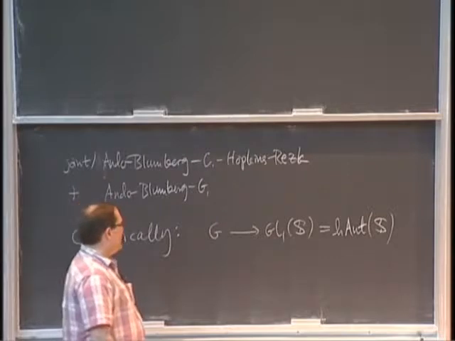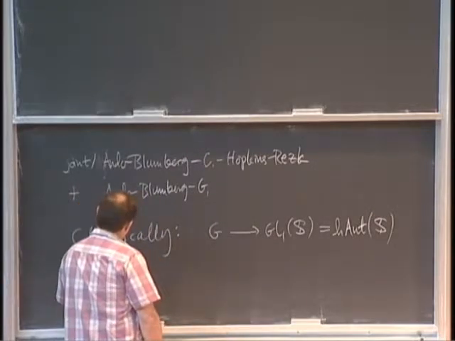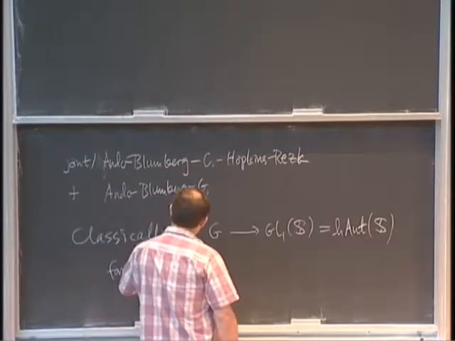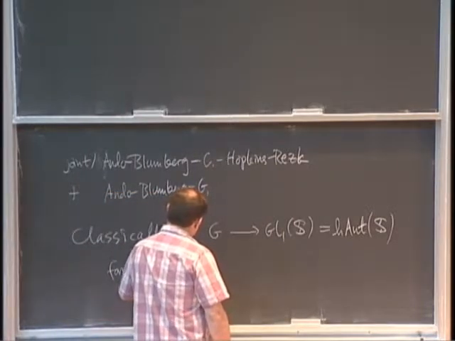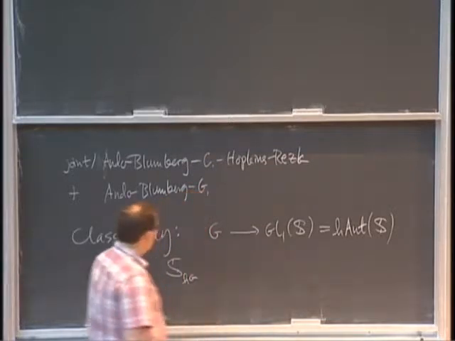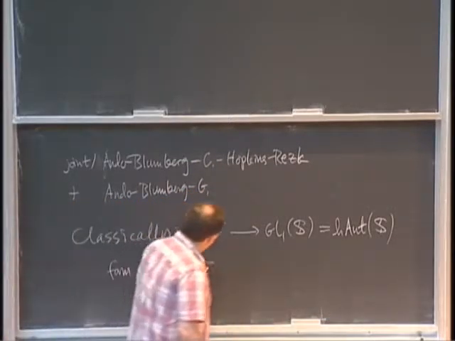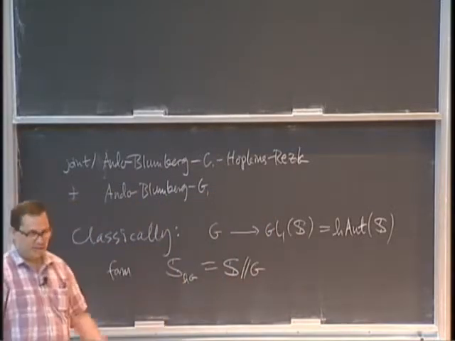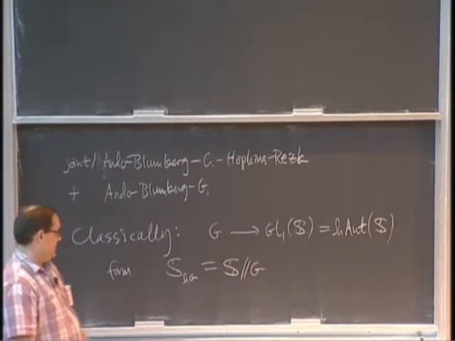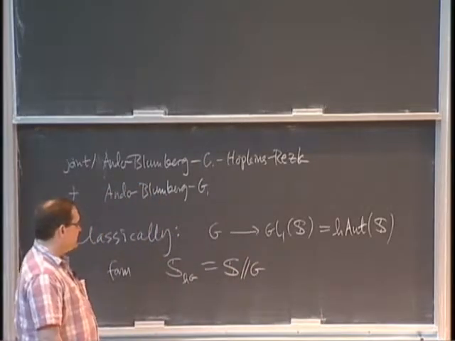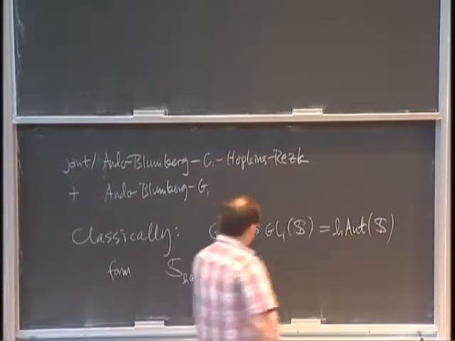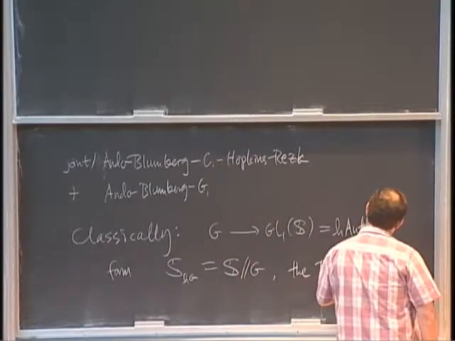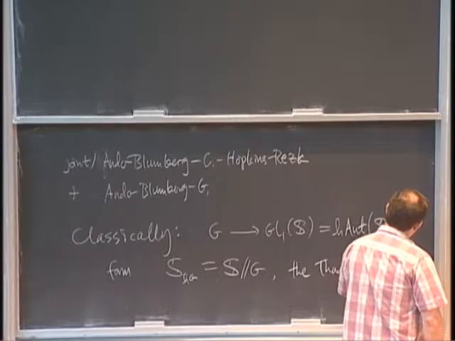And with this we can form the homotopy coinvariants, or the homotopy quotient, S mod G, where G is acting via this map to GL1 of the sphere. And this is the Thom spectrum, MG.